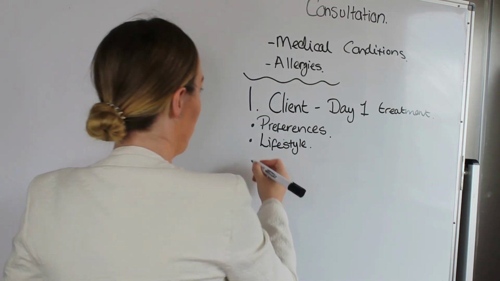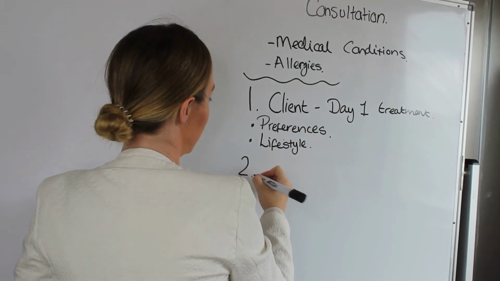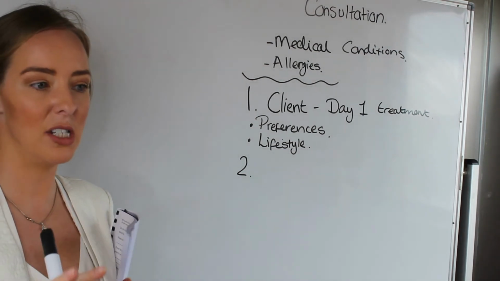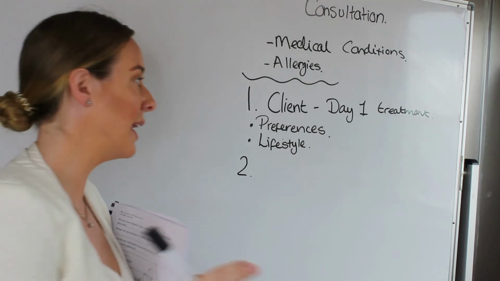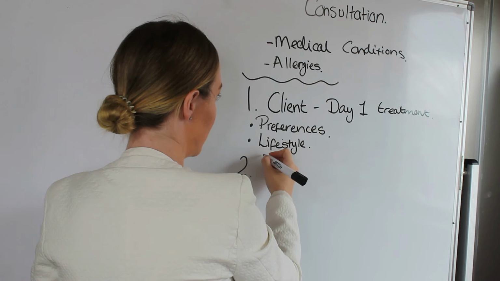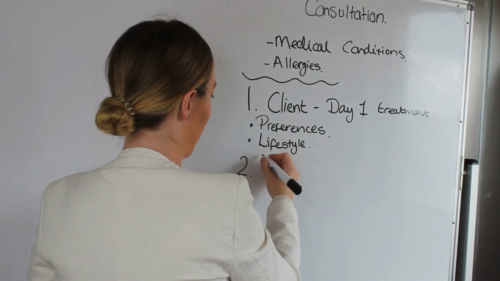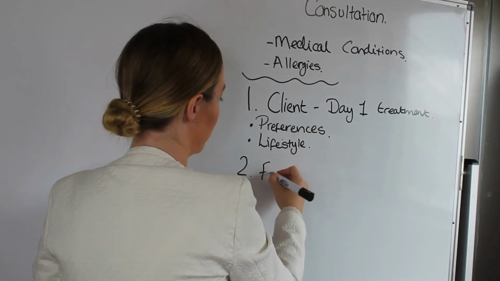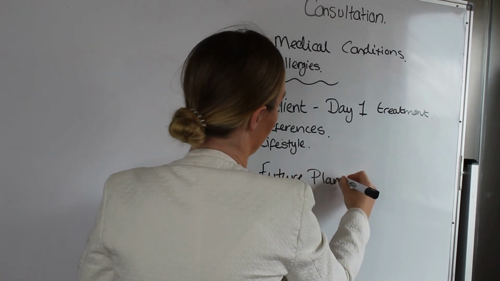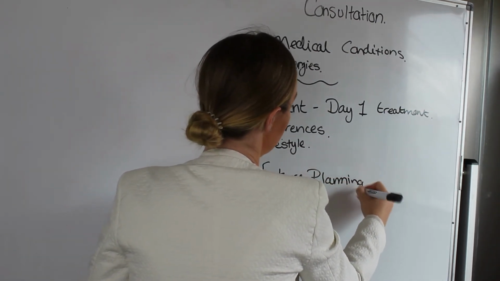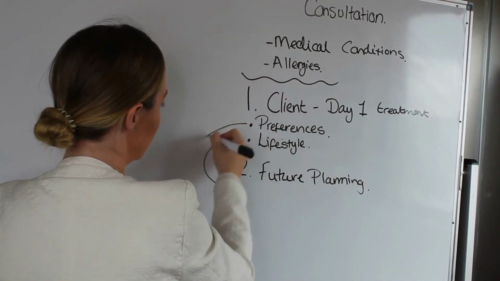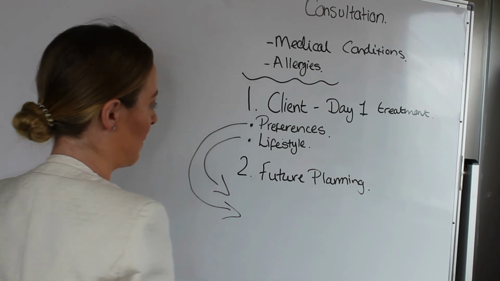So then moving forward, your second point to your treatment program planning is step 2, your future planning. Things that need to be included here, you need to refer to the client's lifestyle, and you need to refer to their preferences in this step as well.